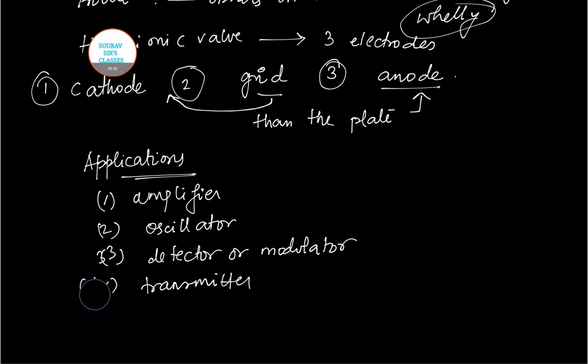I've written Roman 4, but it should be just 4. Okay. Now we'll talk about the construction of a triode valve.